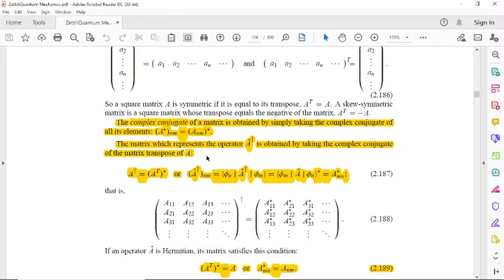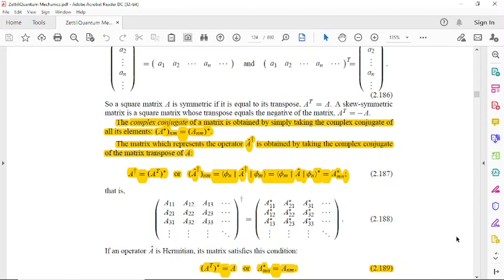The matrix which represents the operator A dagger is obtained by taking the complex conjugate of the matrix transpose of A. Then A dagger is equal to A transpose star, or A dagger nm is equal to bracket phi n A dagger phi m, which is bracket phi m A phi n star, that is A star mn.